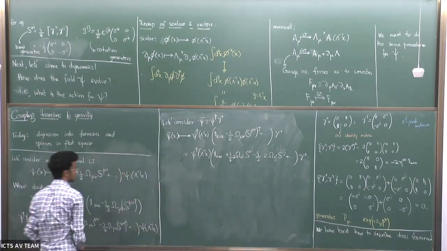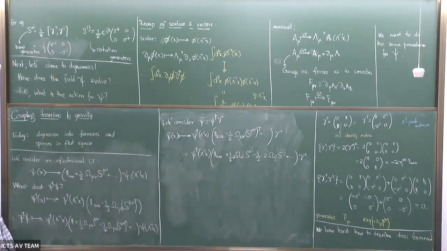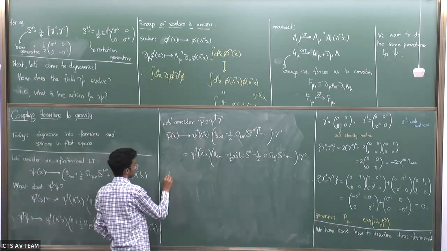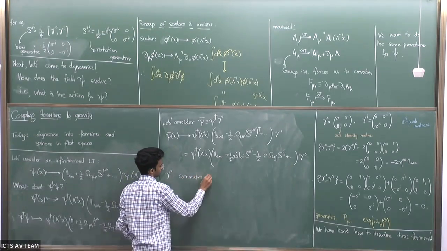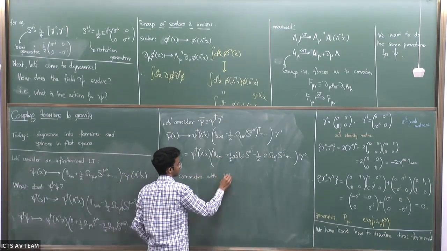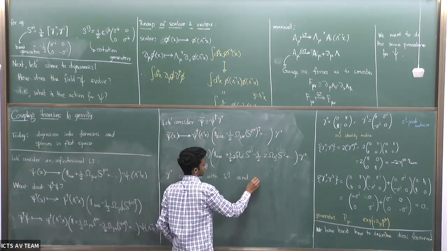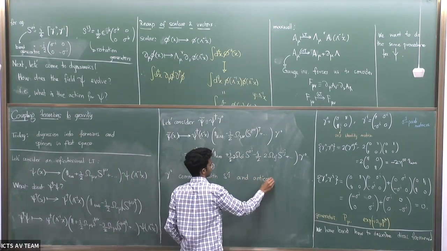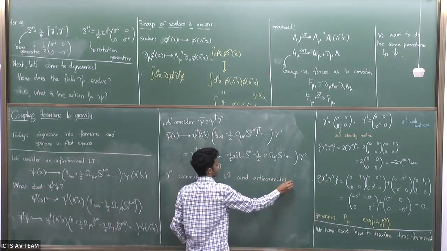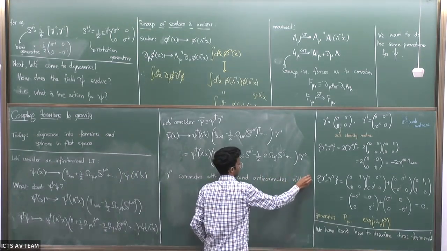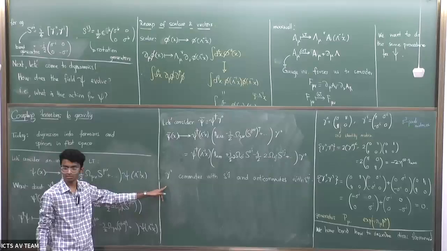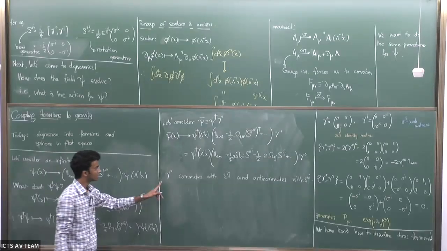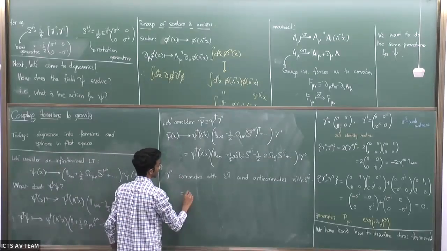What happens is that gamma 0 commutes with Sij and anti-commutes with S0i. I'll prove this statement in a minute. But accepting this statement, what does this become?